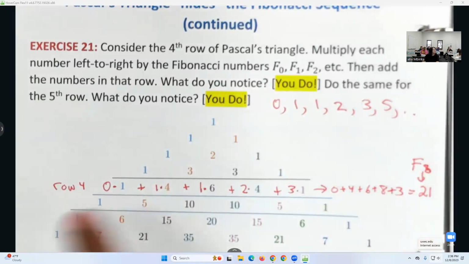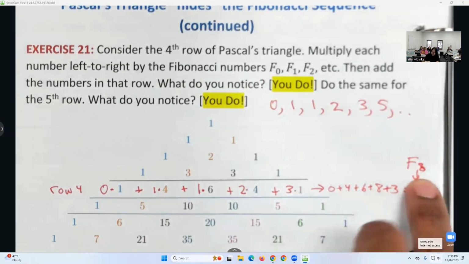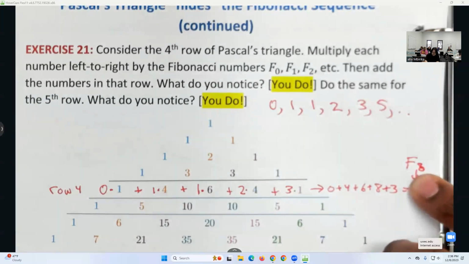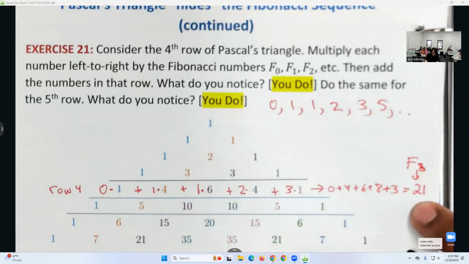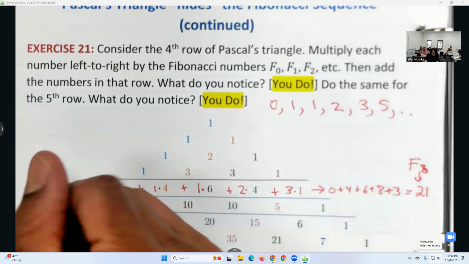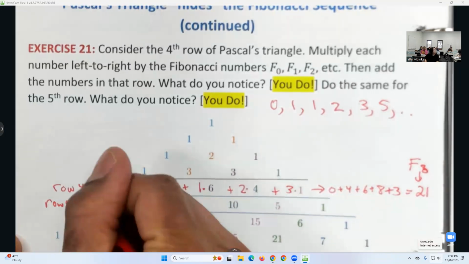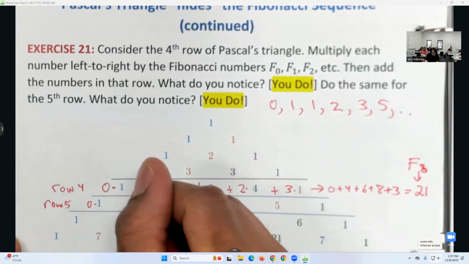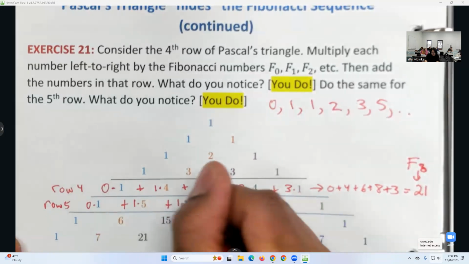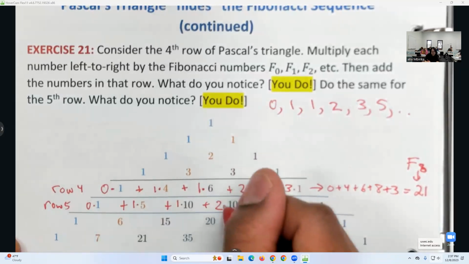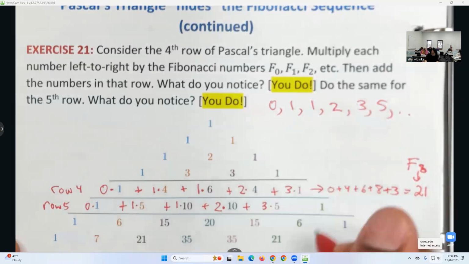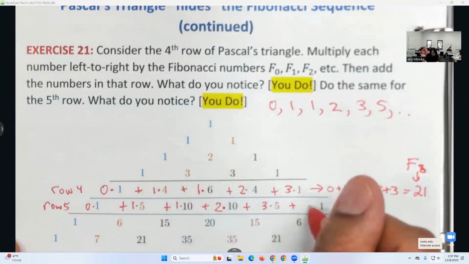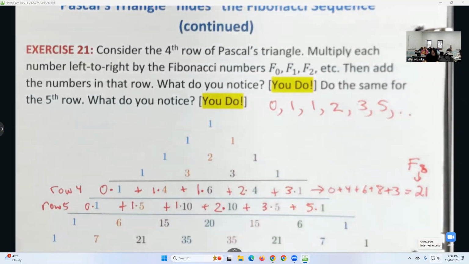From the fifth row, what do we expect? Maybe F10. That would be reasonable because 8 is double 4. So maybe the next row will be double 5. So on row 5, if we do the math, weighting this with 0, 1, 1, 2, 3 times 5, and lastly the fifth Fibonacci number 5, 5 times 1.